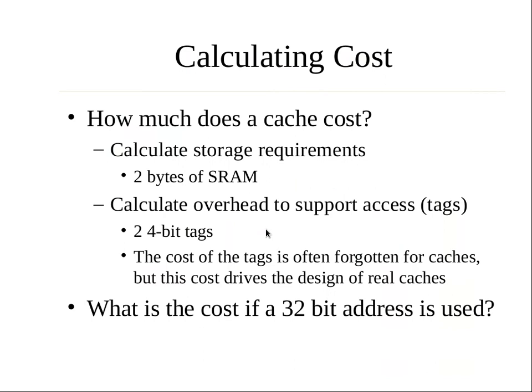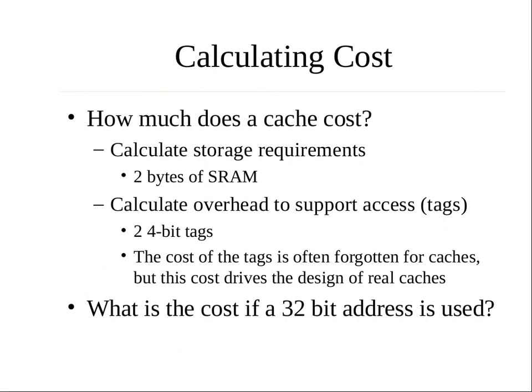You need the tags, which are 4 bits for our system, because we only have 16 total bytes of memory. Not a very big memory, but that's what we were doing. The cost of the tags is unfortunately forgotten for caches, but this drives the cost. What is the cost if a 32-bit address is used?